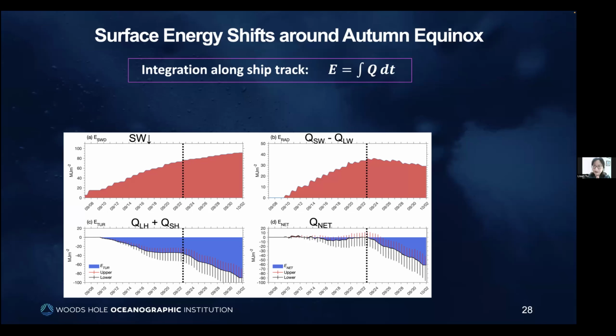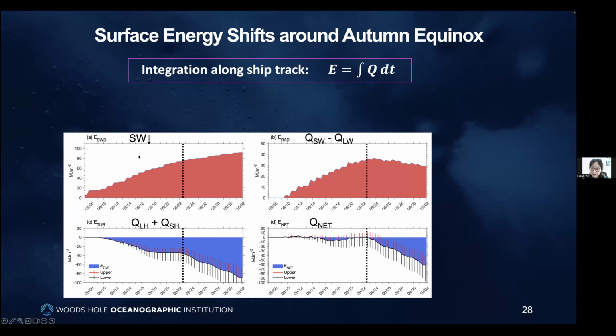So here is the surface energy shift around the autumn equinox, which marks the astronomical seasons. What we do here is integrate the energy budget along the ship track, because we want to see how the total energy accumulates as observed by the ships.